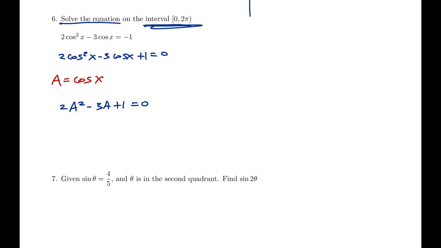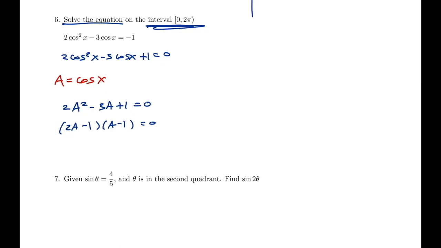Okay. So let's see if we can factor it. So we have 2a and a equals 0. So if we do minus 1, negative a, negative 2. Yeah, so we can factor this equation. Oops, sorry. So 2a minus 1 times a minus 1.